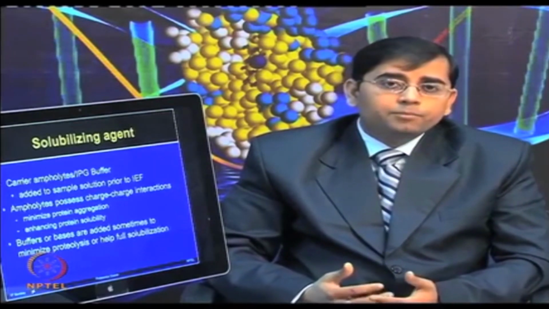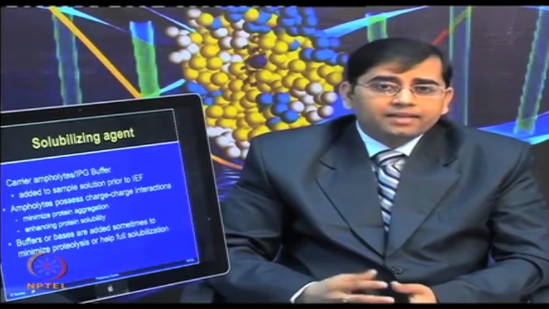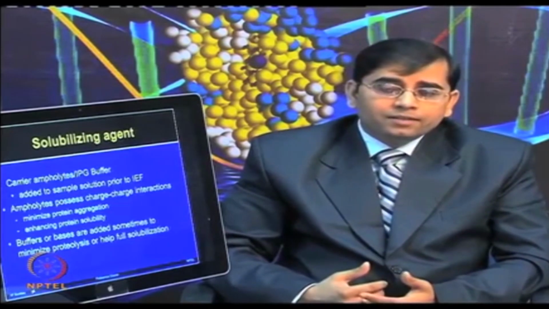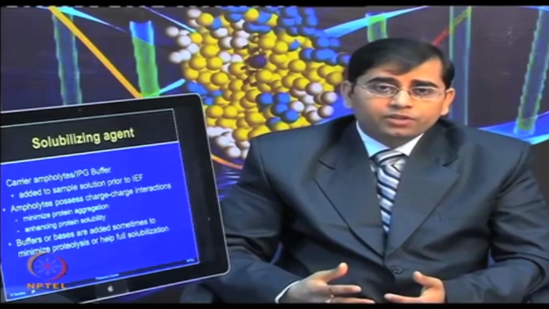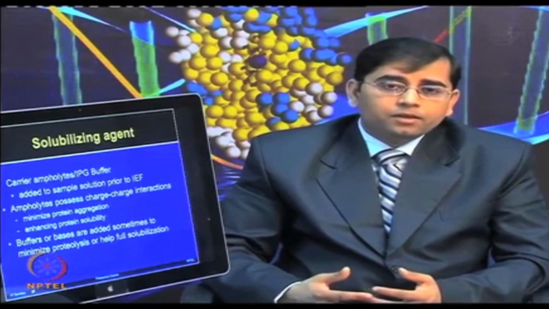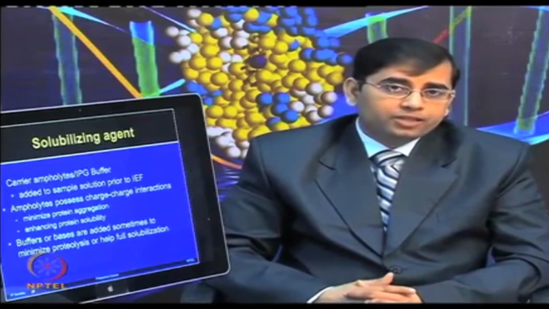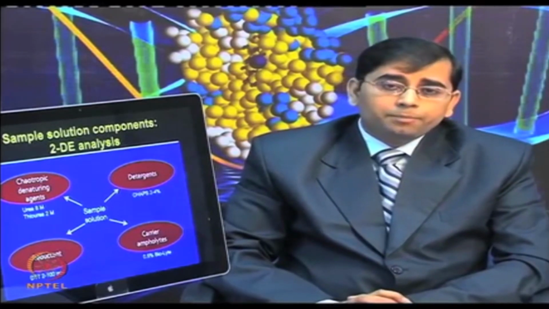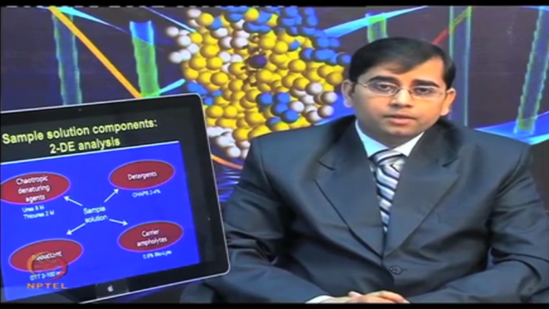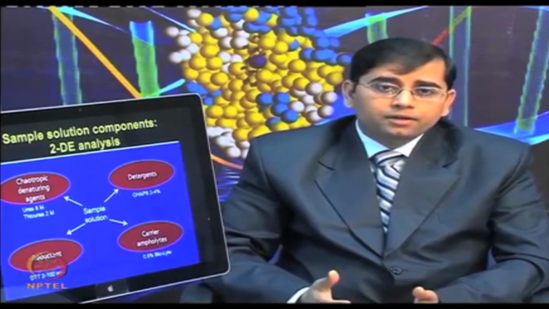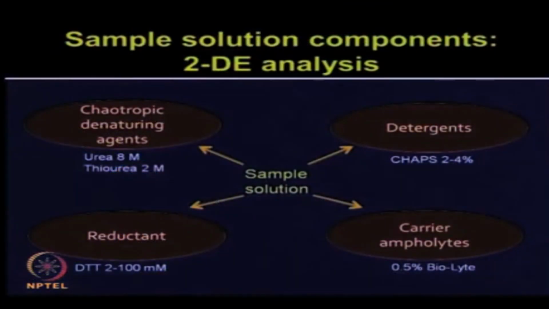They minimize protein aggregation and enhance protein solubility. Different buffers or bases are added which sometimes minimize proteolysis and also help in the complete solubilization of proteins. So, if your aim is to perform a two-dimensional electrophoresis experiment, the sample solution involves chaotropic denaturing agents such as urea 8 molar, thiourea 2 molar.